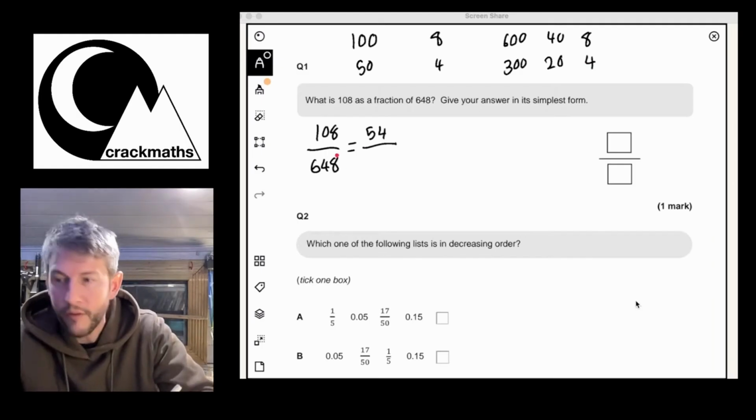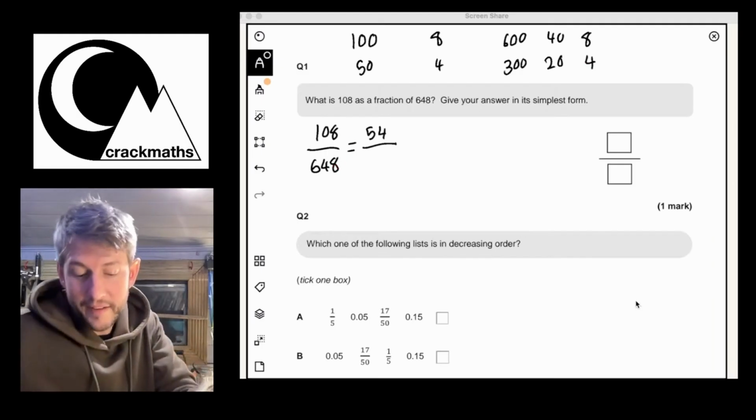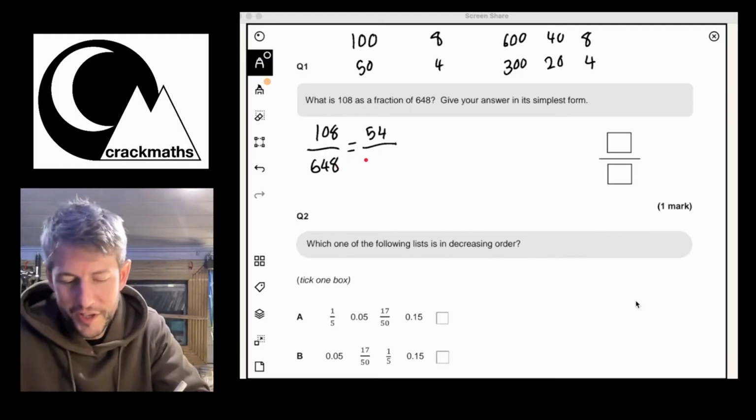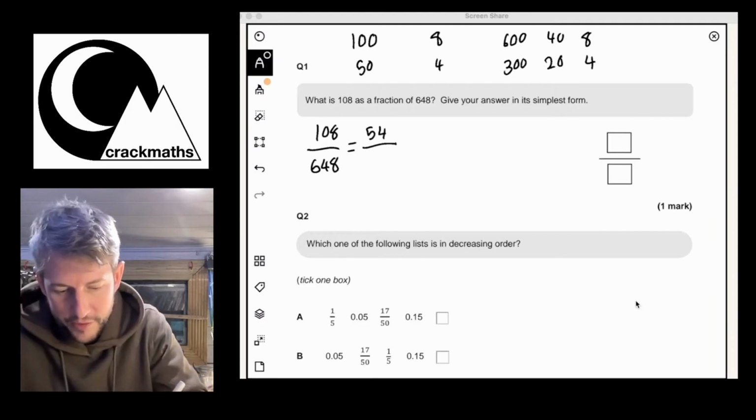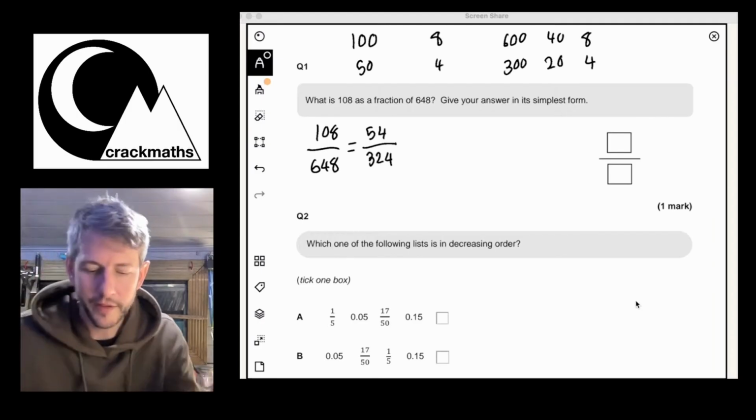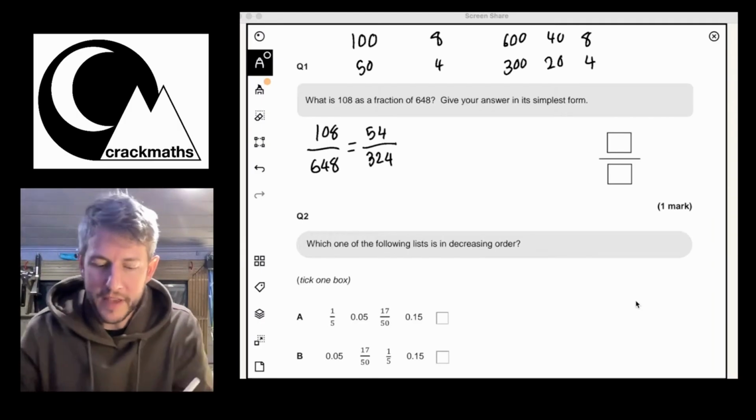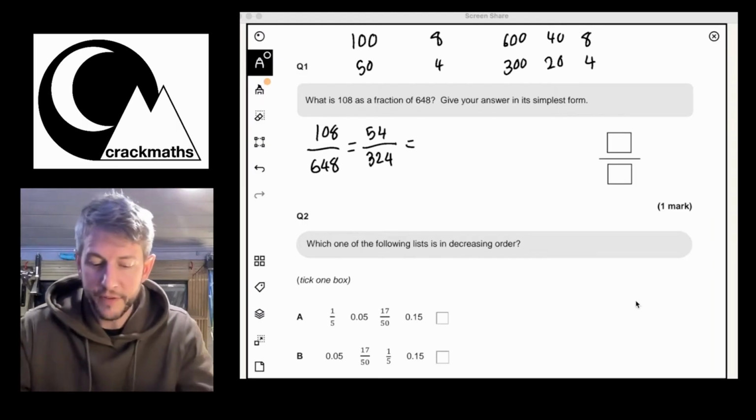So if I divide 648 by 2, that's going to give me 324. I can see that both of these are even numbers, so I can simplify this further.